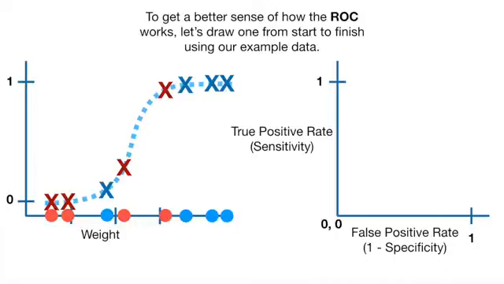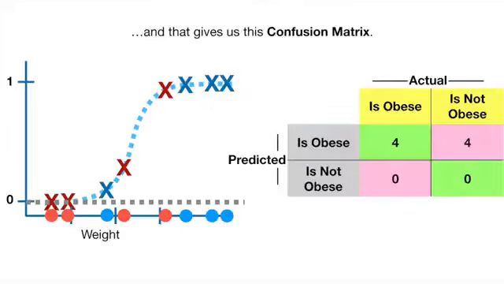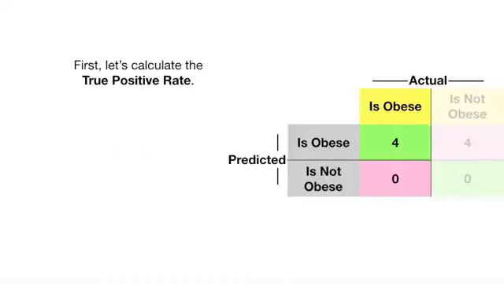To get a better sense of how the ROC works, let's draw one from start to finish using our example data. We'll start by using a threshold that classifies all of the samples as obese. And that gives us this confusion matrix. First, let's calculate the true positive rate.